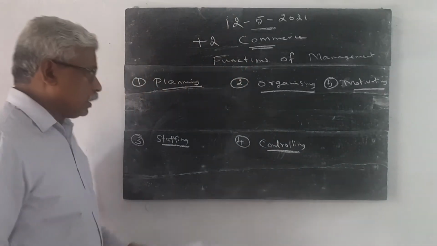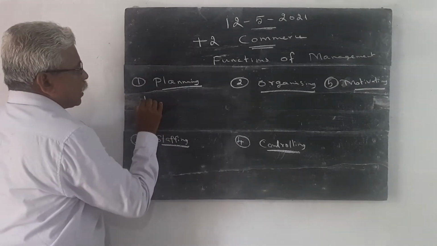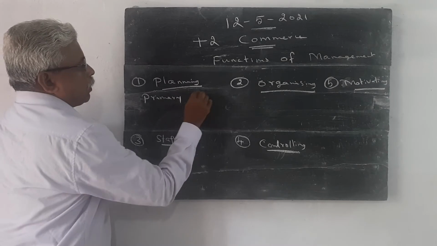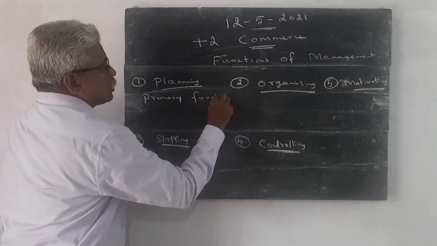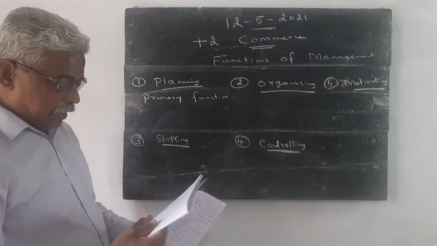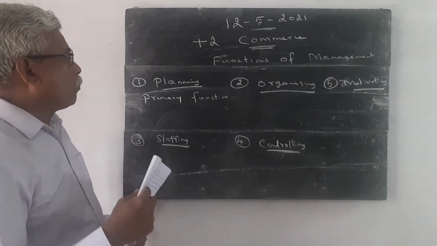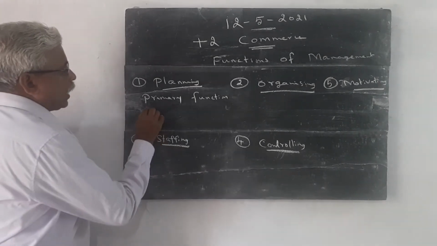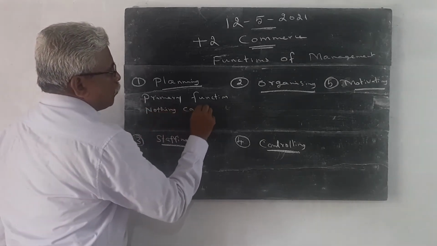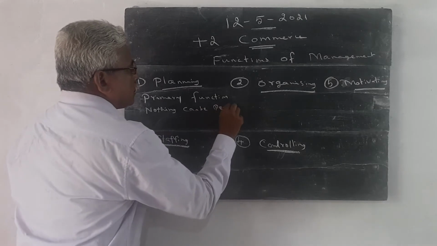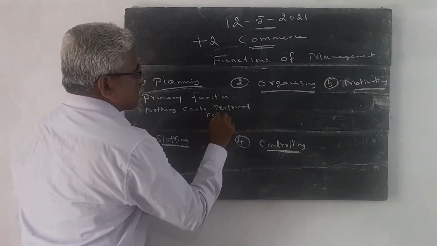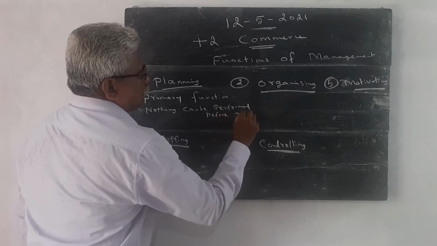So planning is the primary function of management. Planning is one of the primary functions of management. Then nothing can be performed before planning. This is the second sentence.